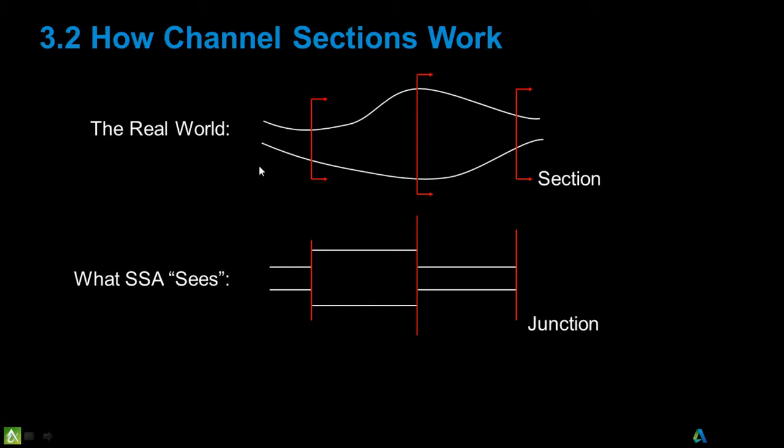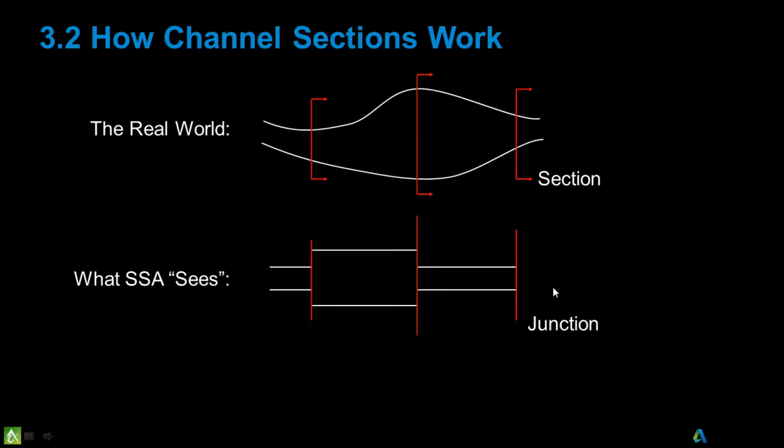So you can see here in the real world, it's very narrow and then it kind of flares out and gets narrow again. And so the way you would translate that into your SSA model is kind of average this out, have a narrow, shallow channel going into a junction, and then here kind of average this out and have a wider, deeper channel going to a deeper junction, and then another narrow, shallow channel going out to another junction.